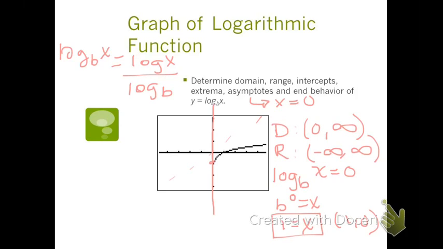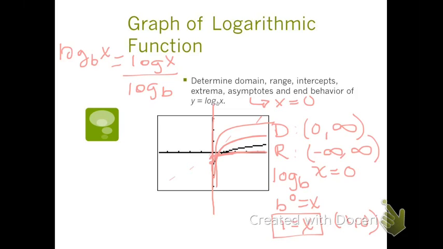So as the b value changes, we're going to get compressions that start flattening out our curve a little bit here, or we might get a stretch. You'll be able to look at the graph by using the change of base.